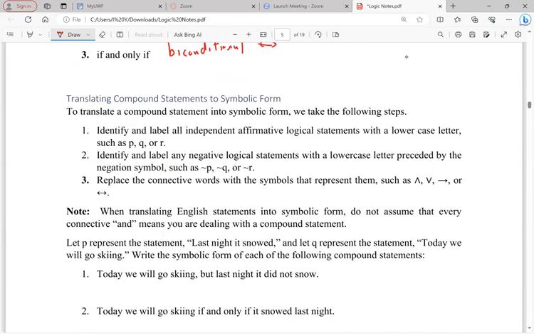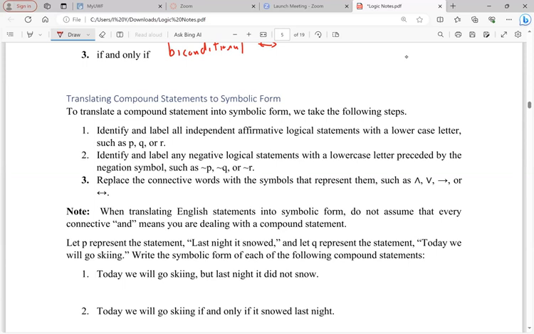Translating compound statements to symbolic form. To translate a compound statement into symbolic form, we take the following steps. Identify and label all independent affirmative logical statements with a lowercase letter, such as P, Q, or R. Identify and label any negative logical statements with a lowercase letter preceded by a negation symbol.